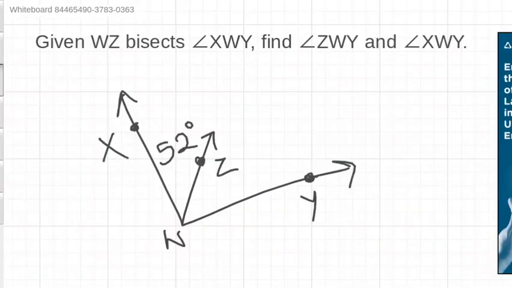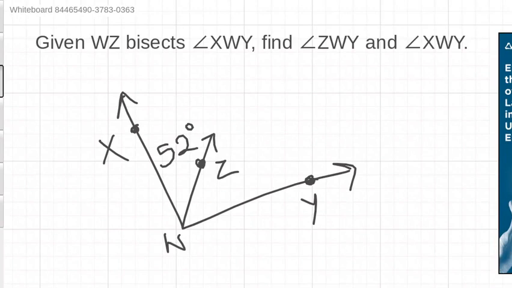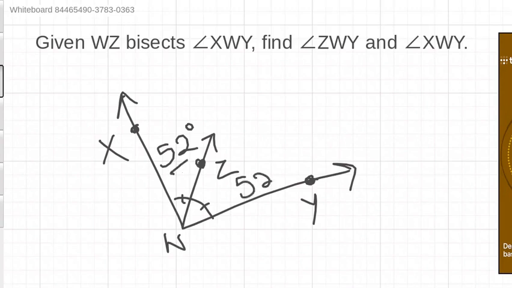Alright, given WZ bisects angle XWY, find angle ZWY and angle XWY. So we know that bisecting the bigger angle makes those two smaller angles equal or congruent. So since that angle is 52, this angle will also be 52.